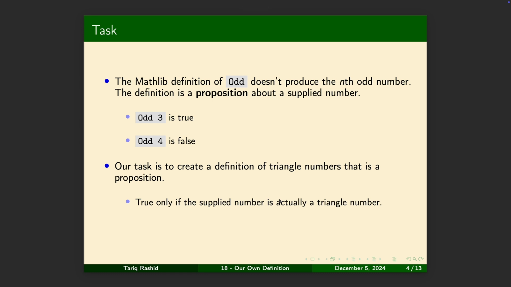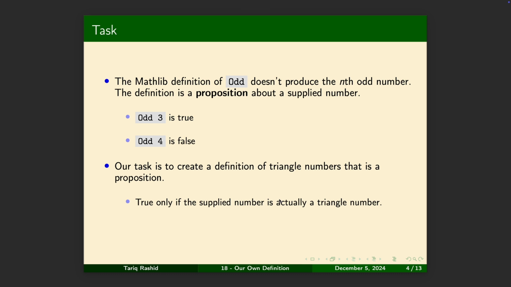The thing to note is when we were using the definition of odd and even, you remember the definition didn't return the nth odd number or the nth even number. It wasn't a function in that sense. So odd 3 wasn't the third odd number.